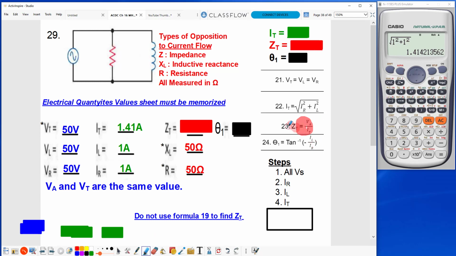ZT is equal to VA over IT. Reminding you again that VA and VT are used interchangeably. So ZT is going to equal the 50 volts over 1.41 amps.